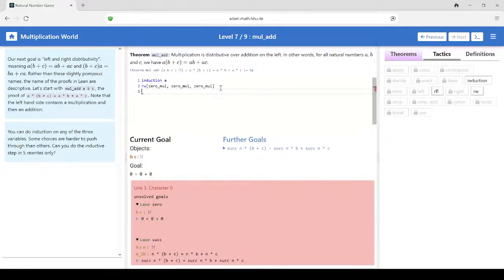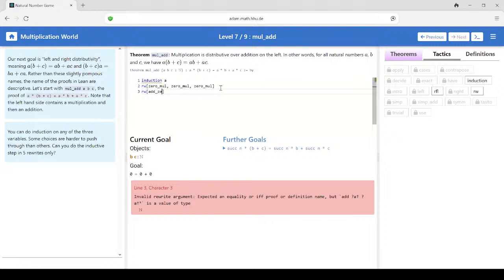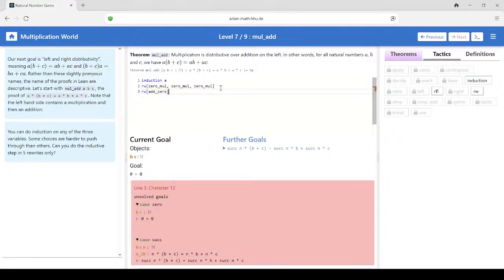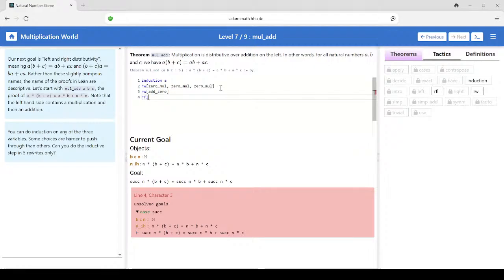And then rewrite, whoops, add 0 and reflect. That was 4 rewrites. I don't think we're going to be able to do the rest in only 1.